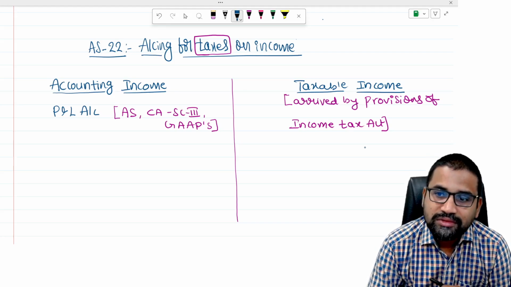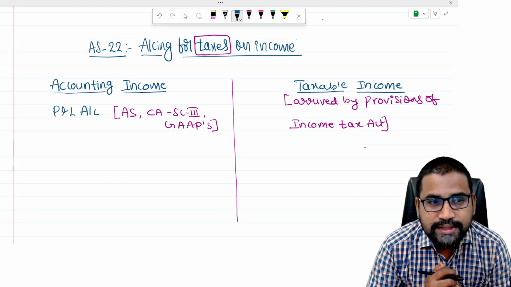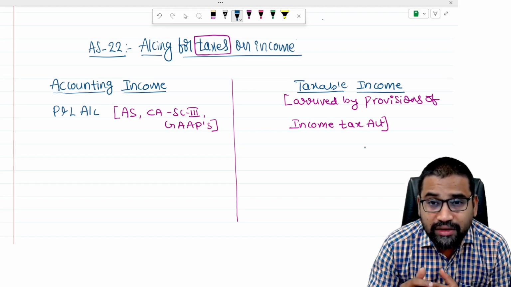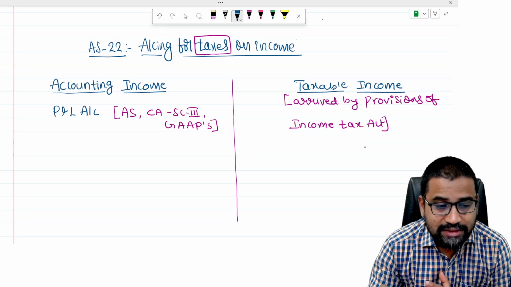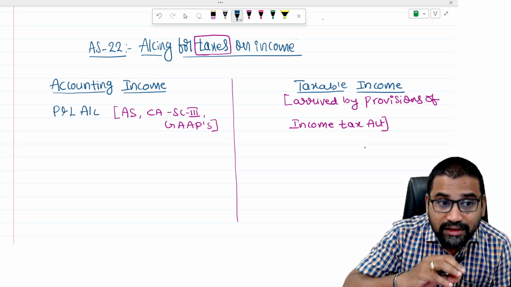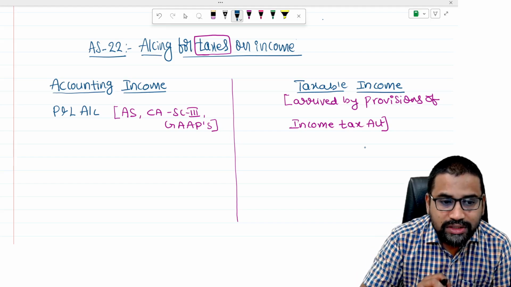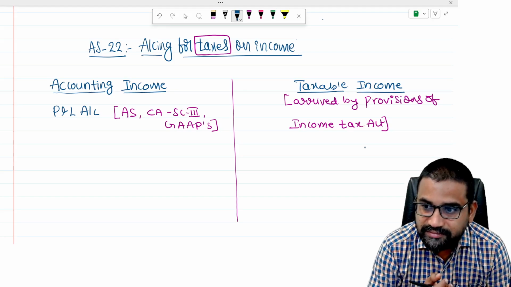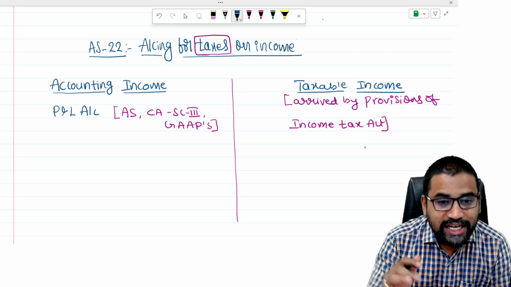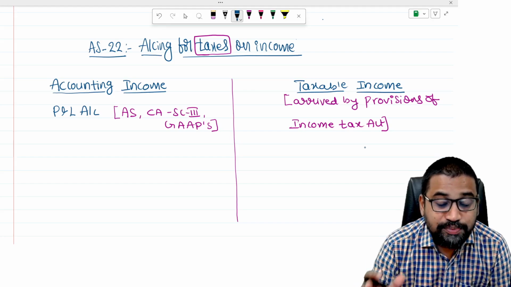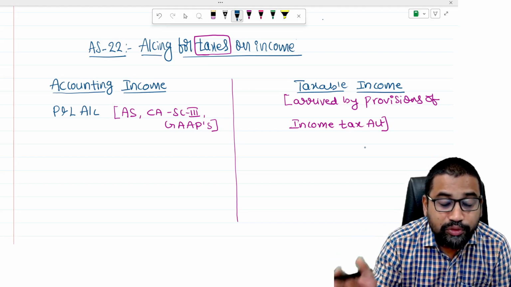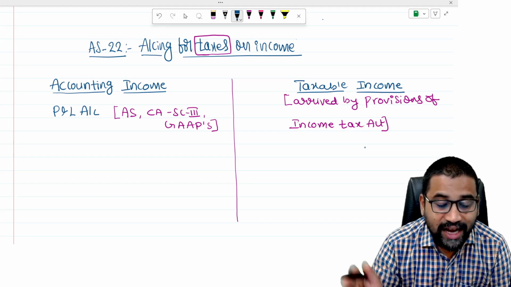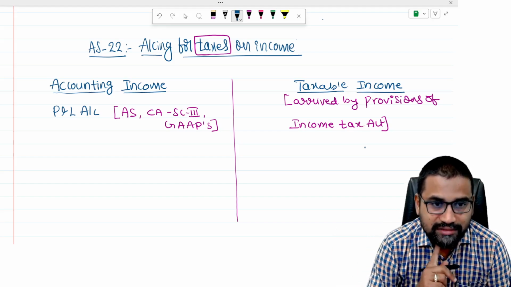No. So the point to understand is, whenever we want to pay tax, whatever profit we arrived from P&L account, that profit is not the base to calculate tax. We need to calculate taxable income, total income, as per the Income Tax Act by following the provisions of Income Tax Act. And then we need to ascertain the tax liability.